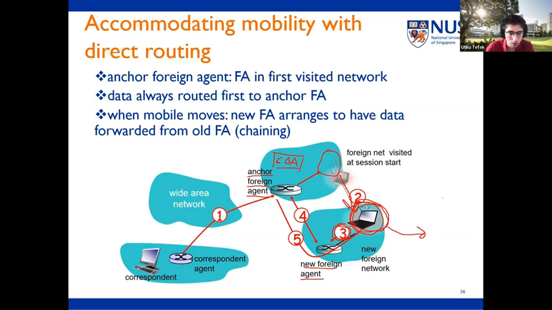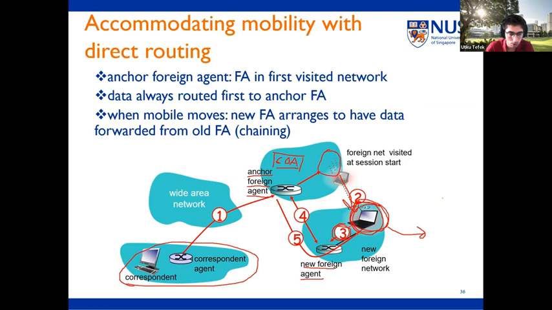But in this example, we're thinking about a sudden change of the location by the mobile. So the mobile immediately moves into a new network before even the correspondent updated the new care of address. If the correspondent didn't update the new care of address, it only knows the anchor foreign agent's care of address.